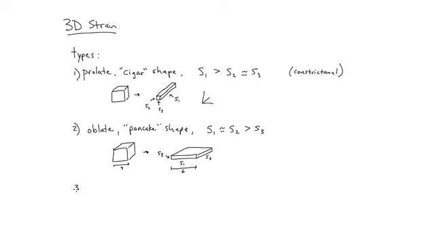All right, and then the third type of 3-dimensional strain is probably the most common. It's called general, or blade shape. And here we have S1 greater than S2 greater than S3. You can imagine what this would look like with our original cube.